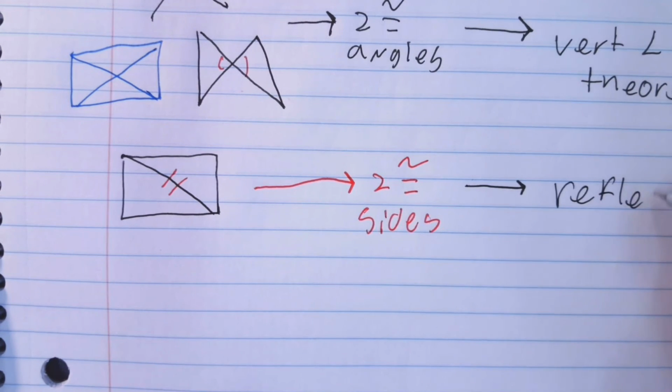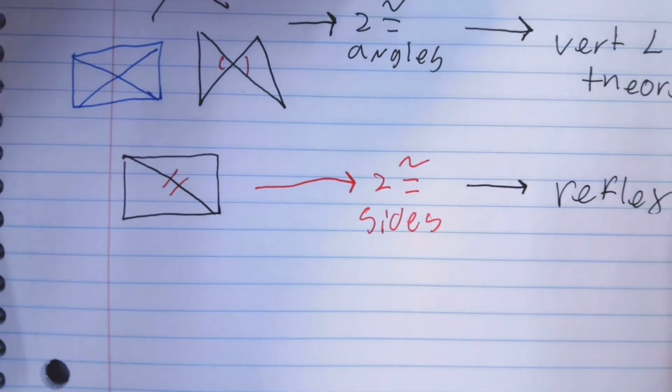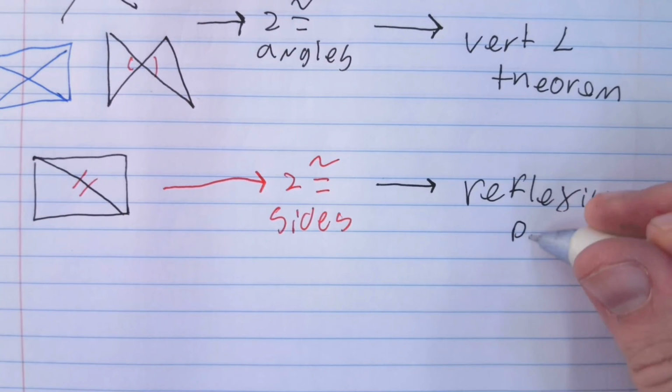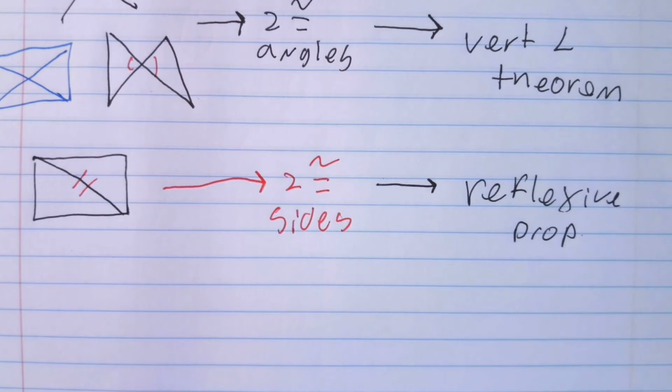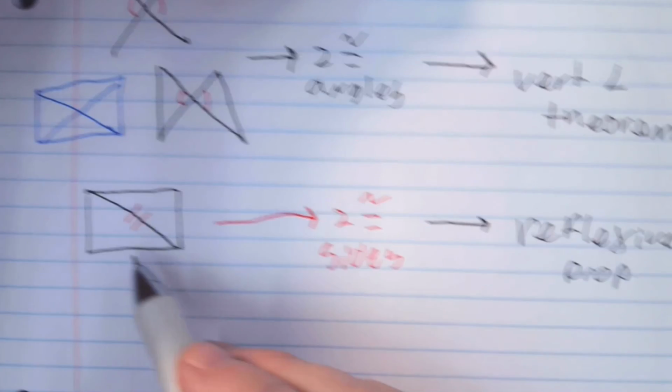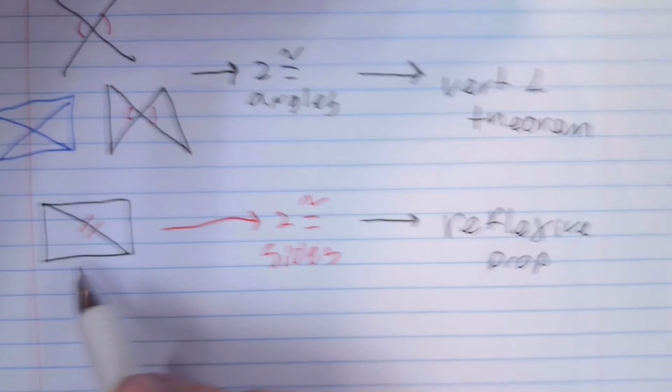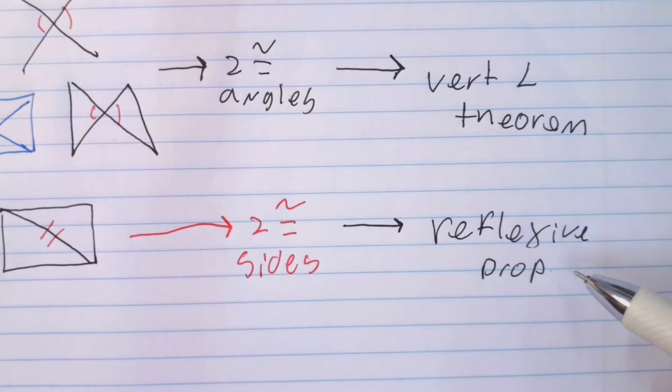Reflexive. Right? So just by looking at the shape, you're going to get basically a free angle over here or a free side over here by using this theorem or property.